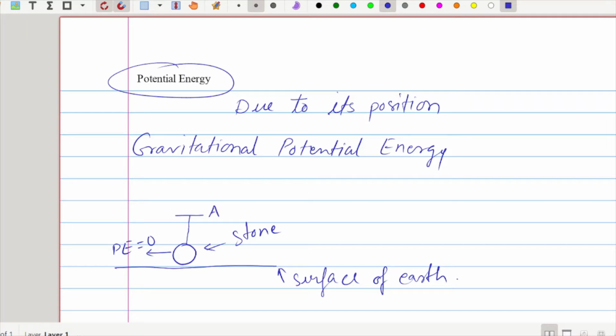So when you are bringing the object from the surface of the earth to a point A, you have to do some work, right? If the stone is quite heavy, you have to apply a lot of force to bring it at point A. Imagine if you release this stone from there, it will fall back on the surface of earth.